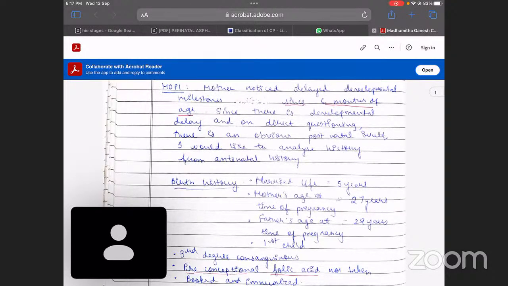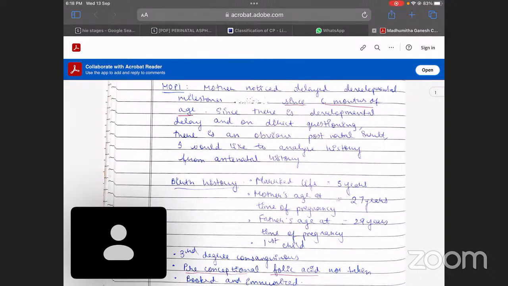Okay, so you said this is one of the important things which you highlighted. Whenever you find a case of any neurodevelopmental delay, and you are sure that the insult is because of any trauma or anything that happened during birth or even before birth, then you have to start the history from the birth.